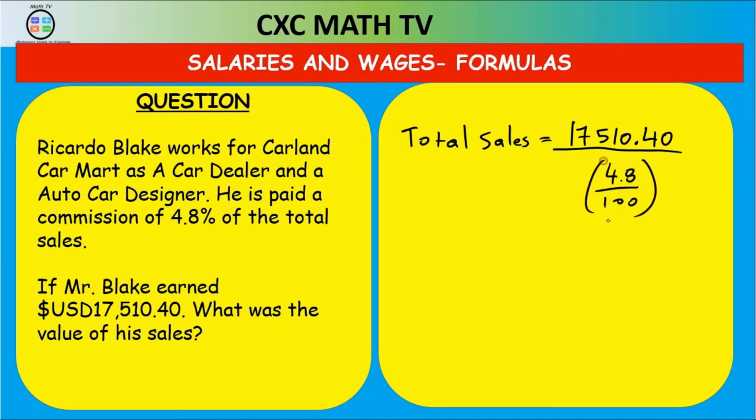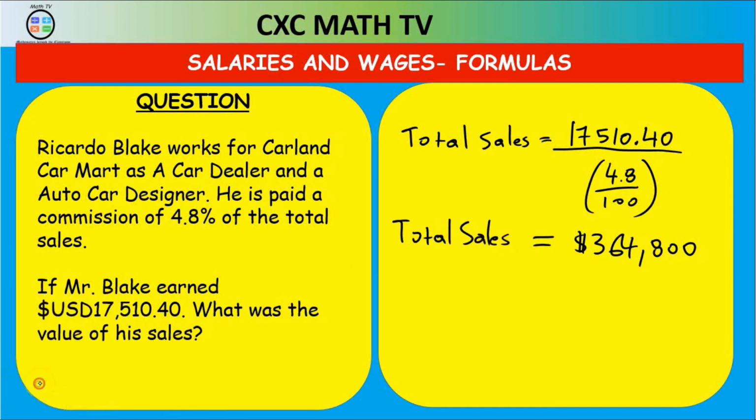I'm going to put this into our calculator. That's the value of the total sales. 17,510.40 divided by 4.8 over 100. Doing the division, we get $364,800. Wow, that is mind-blowing. What is Mr. Blake doing?